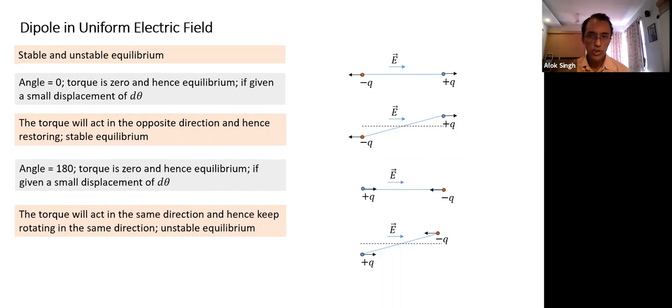If the restoring torque is proportional to the angular displacement, it will have angular SHM. Otherwise, it will oscillate, but not necessarily SHM. We'll see it later in a numerical. What you understood is that there are two positions of equilibrium, one stable and the other unstable. We'll examine the stable equilibrium again, whether or not it is SHM.